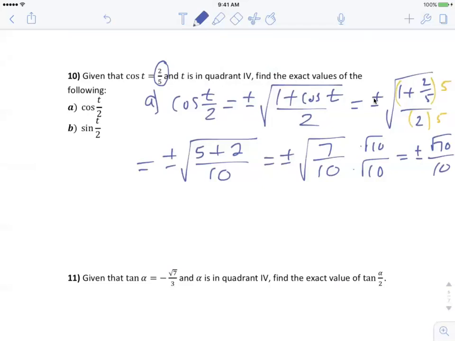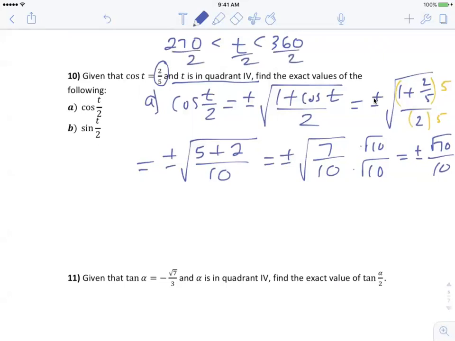Okay, I never decided plus or minus, so I guess I got to do that. The way to do that is notice that t is in quadrant 4, so that means that t is between 270 and 360 degrees. Right? So where is t over 2? What if I divide everything by 2?